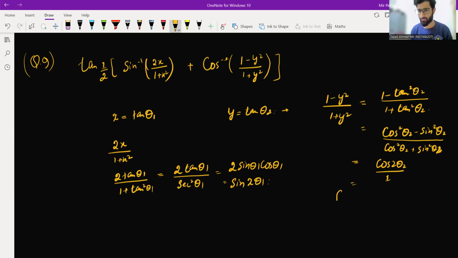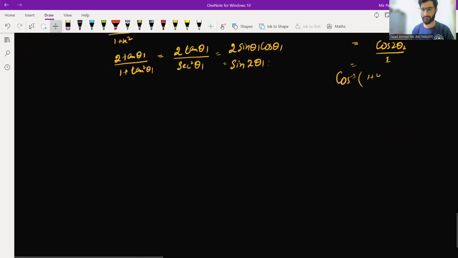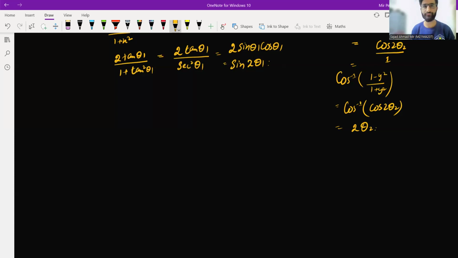So if I apply cos inverse to 1 minus y square divided by 1 plus y square, this will be cos inverse of cos of 2 theta 2, which is 2 theta 2.